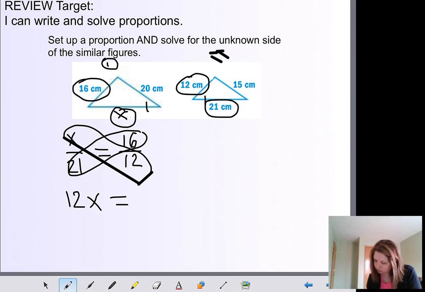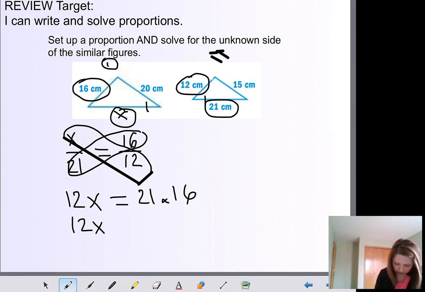I need to calculate that. For some reason my calculator messes up. Okay, so I'm ready. And what do we have? 21 times 16, and we get 12x is equal to 336.